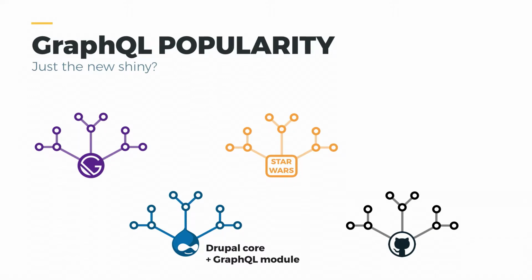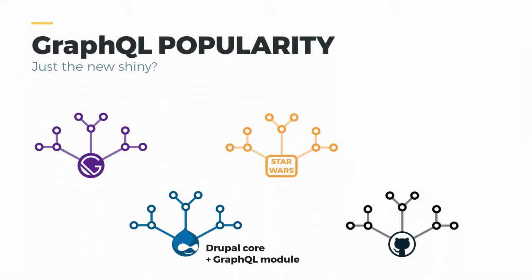GraphQL has obviously been really, really popular. It's gotten a lot of buzz recently, and in the JavaScript world, there's always a lot of buzz about some new thing. Is GraphQL just the new shiny? I mean, there's a Star Wars GraphQL service where you can query using GraphQL queries and get information about all the movies and their characters and the home planets and all that stuff.